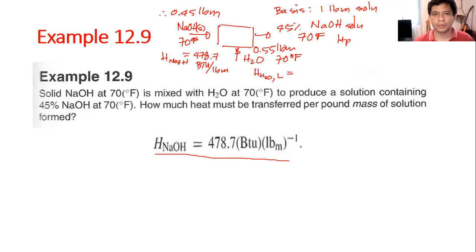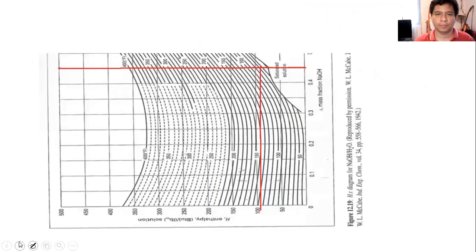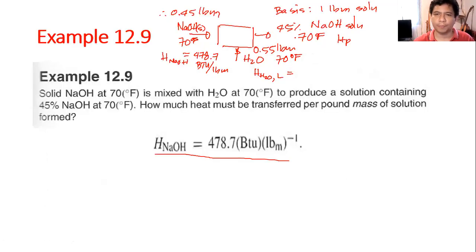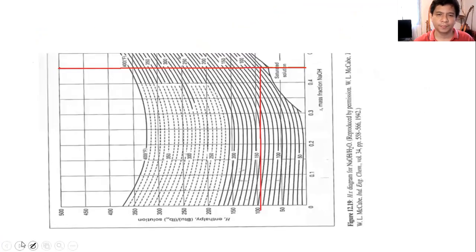Okay? So with this value, all we need to do is basahin natin yung enthalpy ng sodium hydroxide solution. 70 degrees Fahrenheit at saka 45%. So this one is 45%. Ano? 45% ba yun? 45%, 70 degrees Fahrenheit. So ito yun.